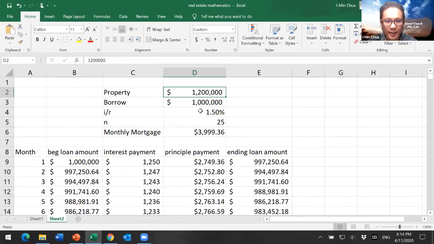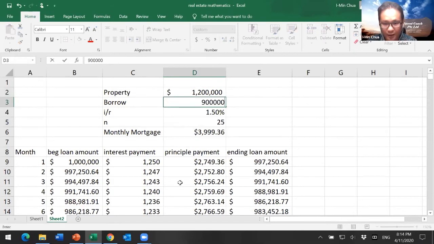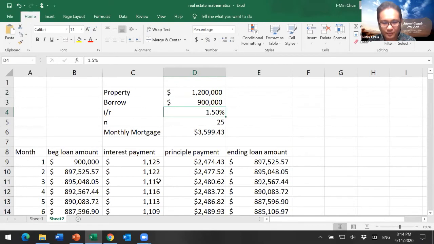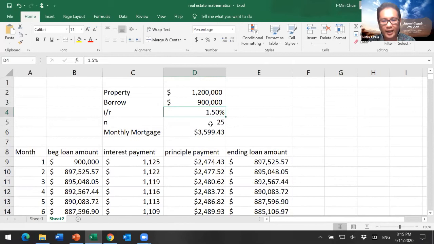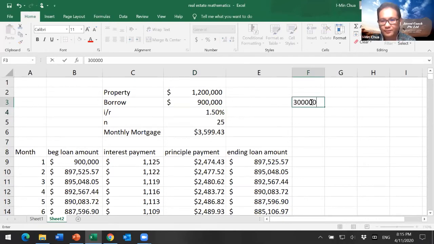I make it more accurate: you put 25% down, you can borrow $900,000. So the property is 1.2 million, you borrow $900,000. That means you actually put in cash of 300,000. Your cash investment is 300,000.